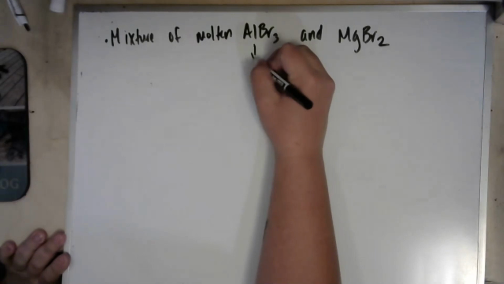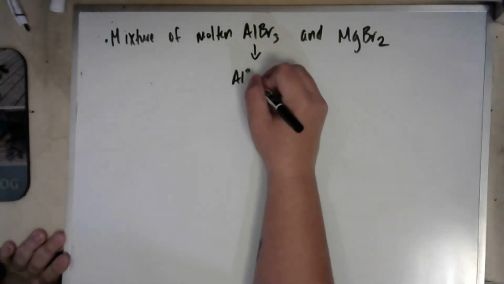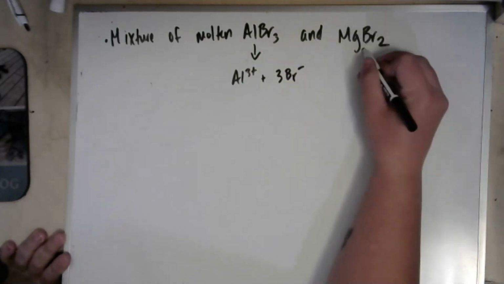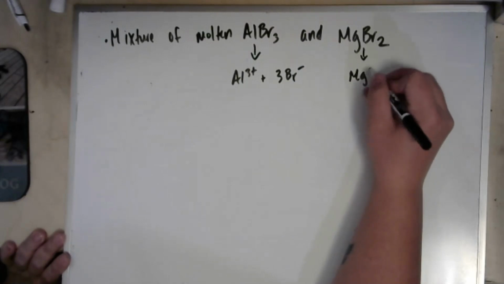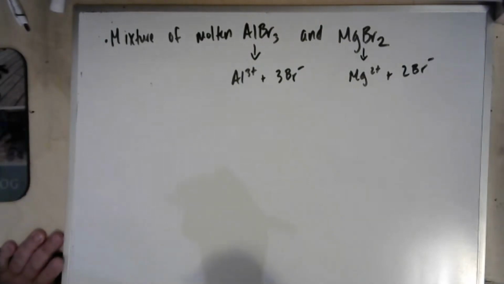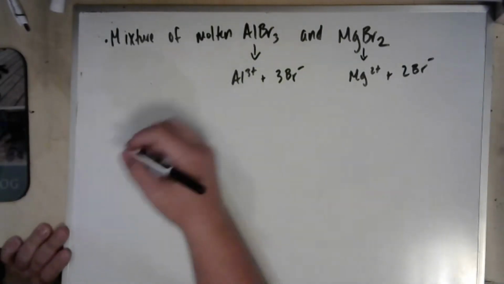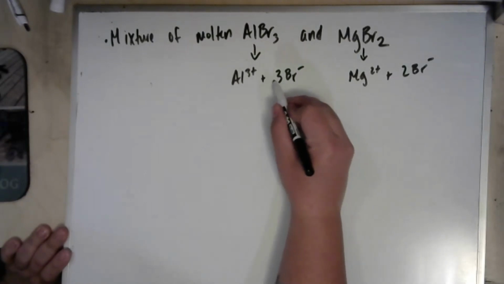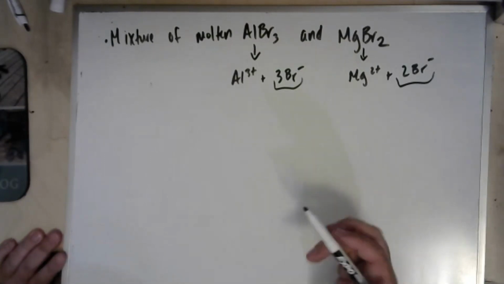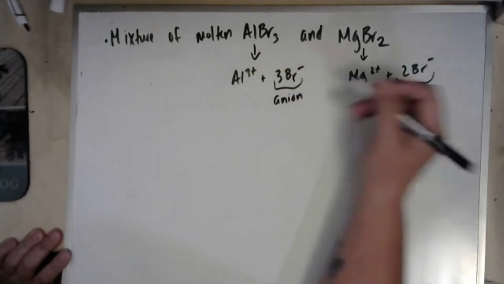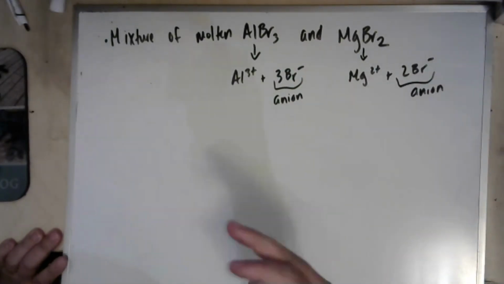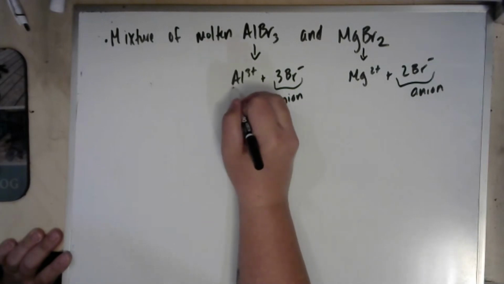We'd have our Al3+ and Br-, and we would have some Mg2+ and Br-. So we know that there's only one anion here, and that's going to be the bromide anion, and we have two potential cations.